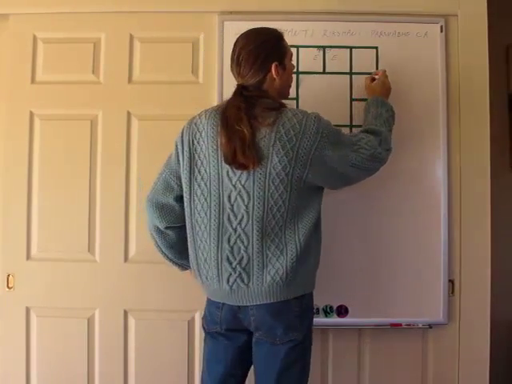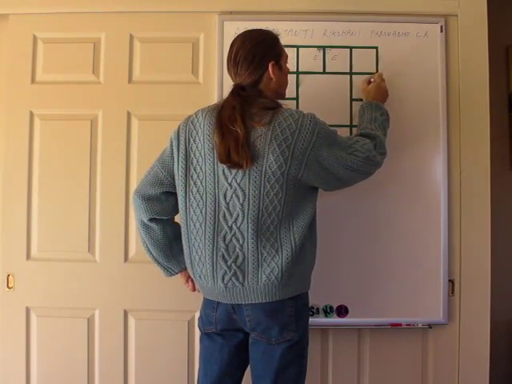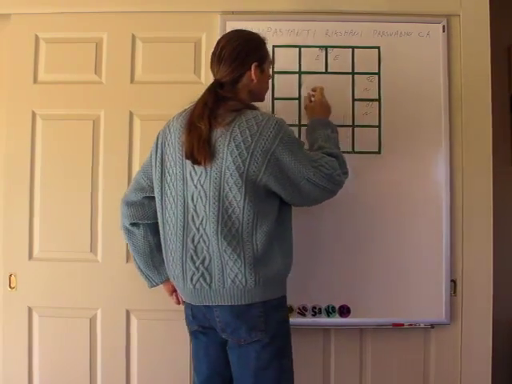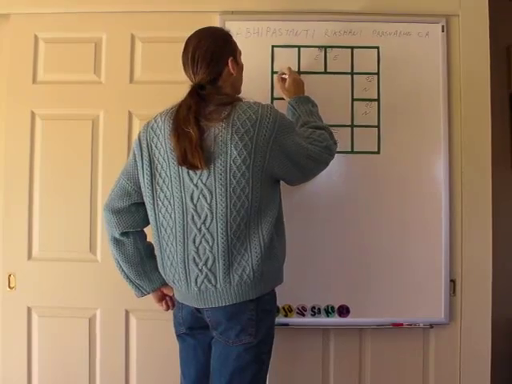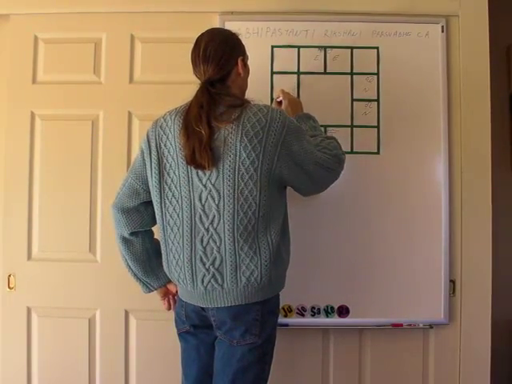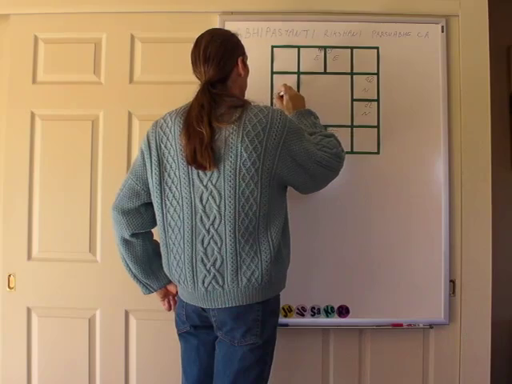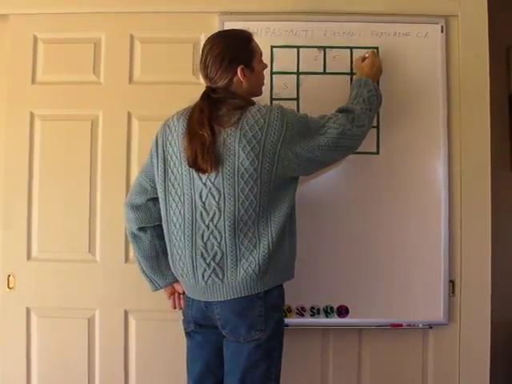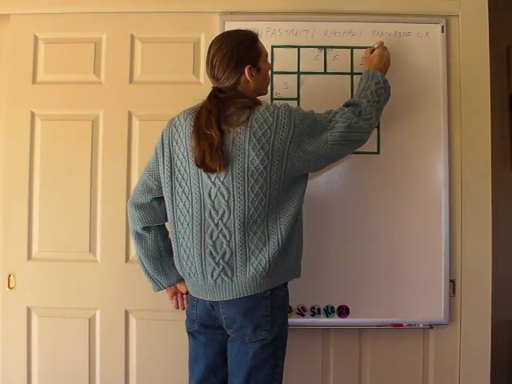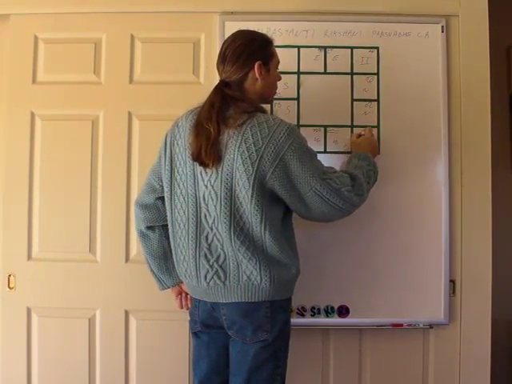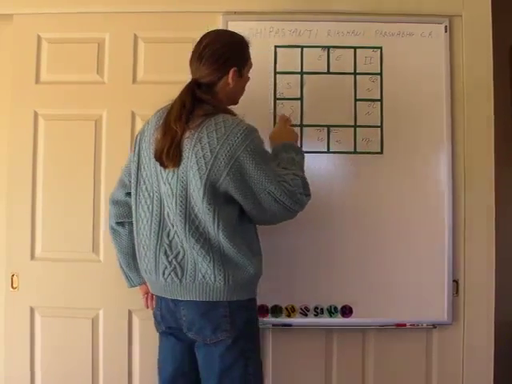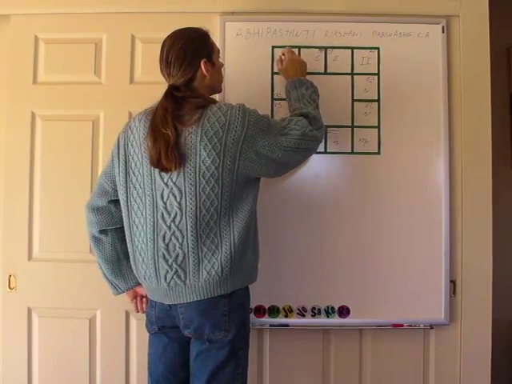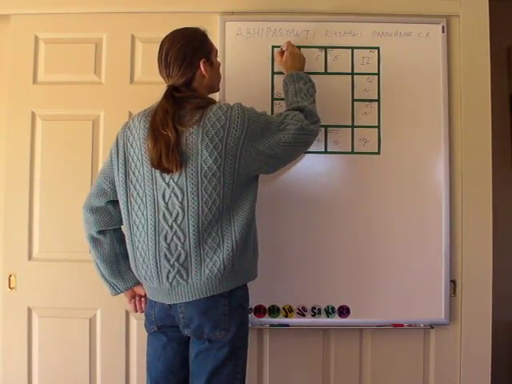And over here we have Cancer and Leo that represent the north. And over here we have Capricorn and Aquarius, which represent the south. Then the northeast is Gemini. The northwest is Virgo. The southwest is Sagittarius. The southeast is Pisces. Okay?